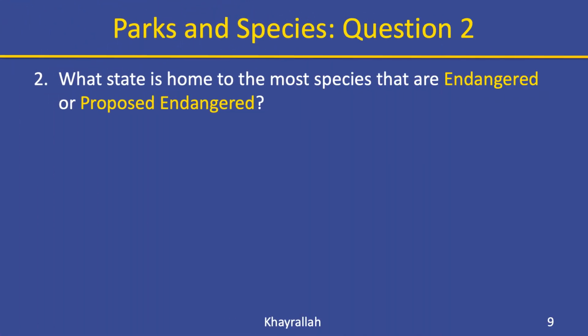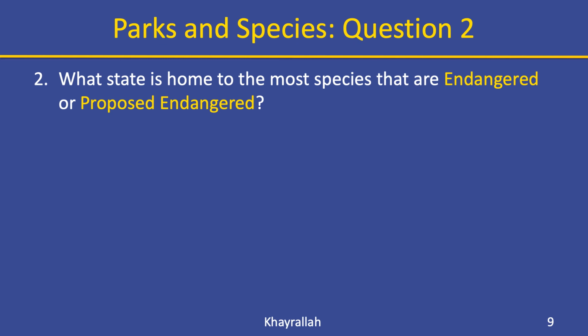For our next function, we need to answer the question, what state is home to the most species that are endangered or proposed endangered? So it looks like mode would still be useful here, but we need to select the rows corresponding to endangered and proposed endangered species first, before invoking the mode method.